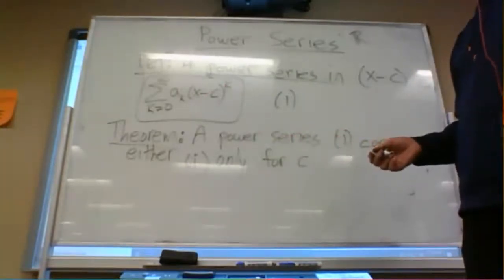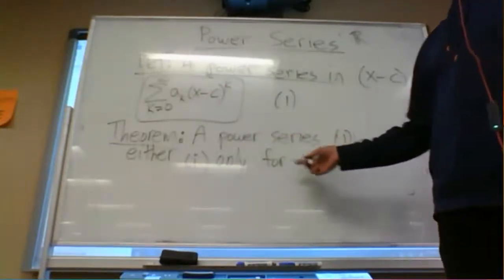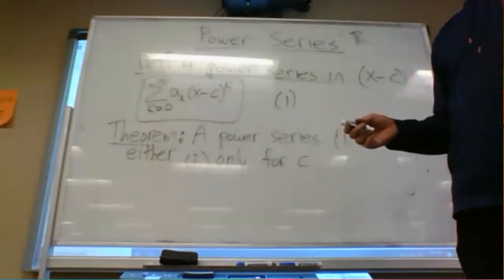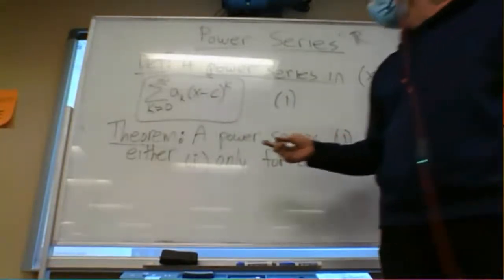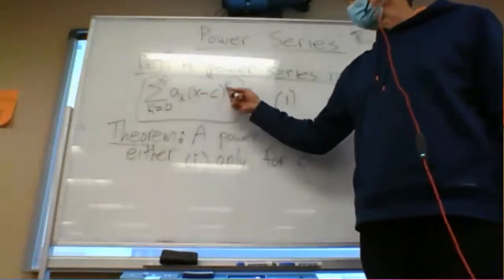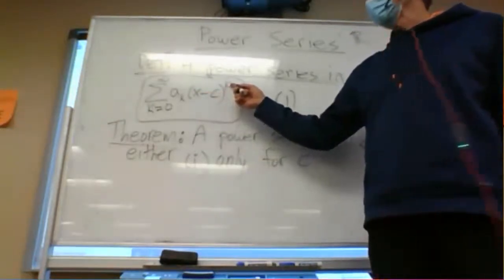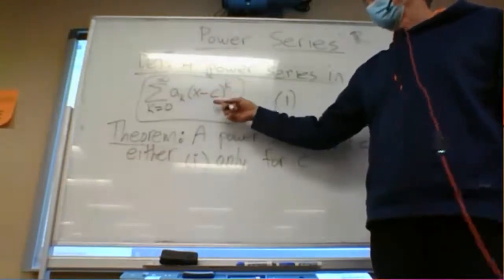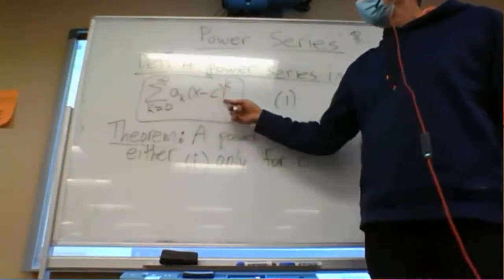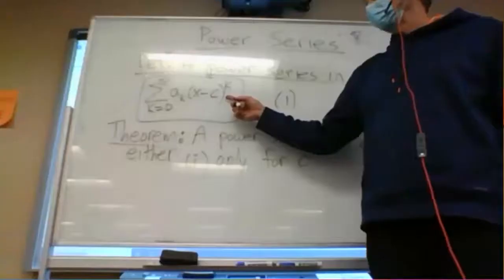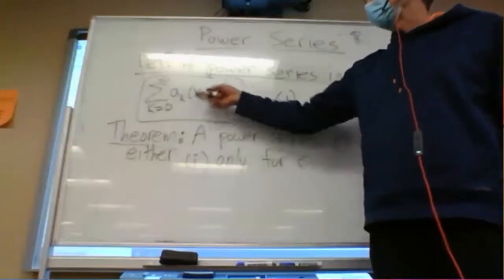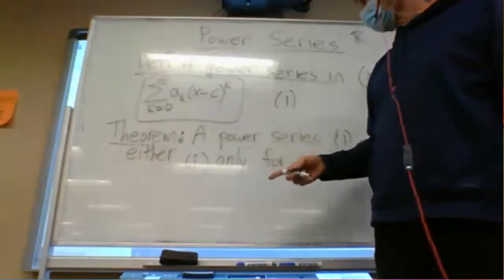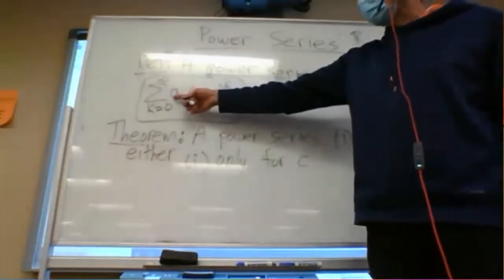So that might happen, right? You get a power series for each value of x you put in there. c is a given constant. And sometimes, no matter what x you put in, it diverges, unless you put in x equals c, then obviously it converges. What happens if you put in x equals c? You've got (c minus c) to the 0, and that's assumed to be 1. Even though it's 0 to the 0 the way it's written, the notation is supposed to mean that if you put in x equals c, this is 1, because it's the 0th power.